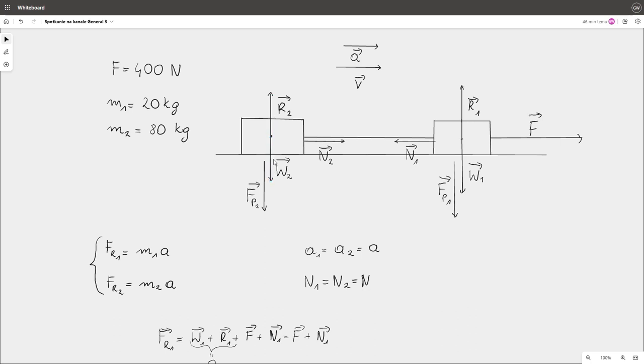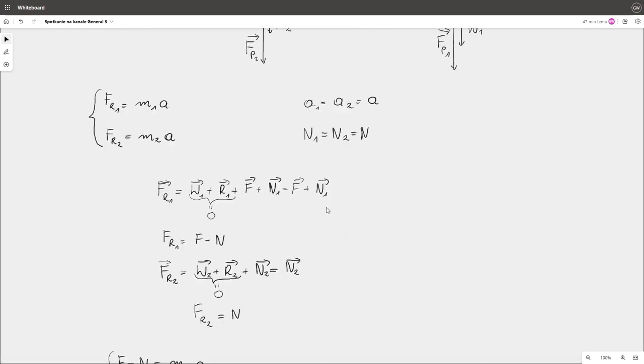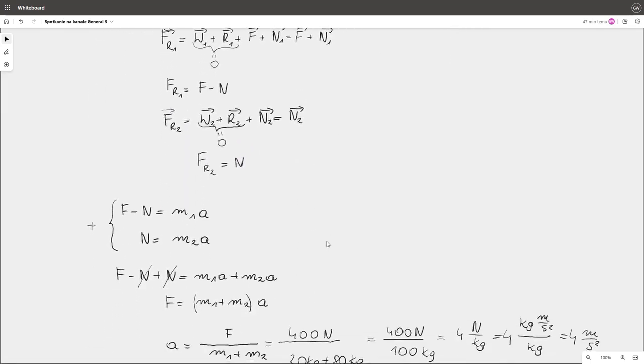These two forces balance each other, so they cancel in this equation, and we have only N2. So, to these equations, instead of Fr1, we put F minus N here, and instead of Fr2, we put N. It's done here.